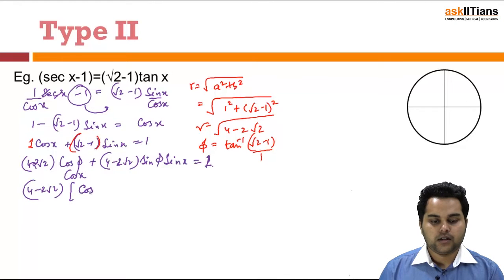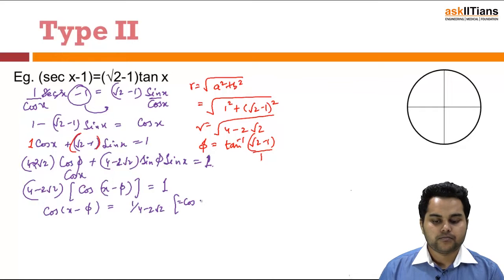cos of (x minus phi) being equal to 1 over root 4 minus 2 root 2, which I am here assuming as cos beta. So I will get x minus phi equal to 2n pi plus minus beta, and x is equal to 2n pi plus minus beta plus phi.